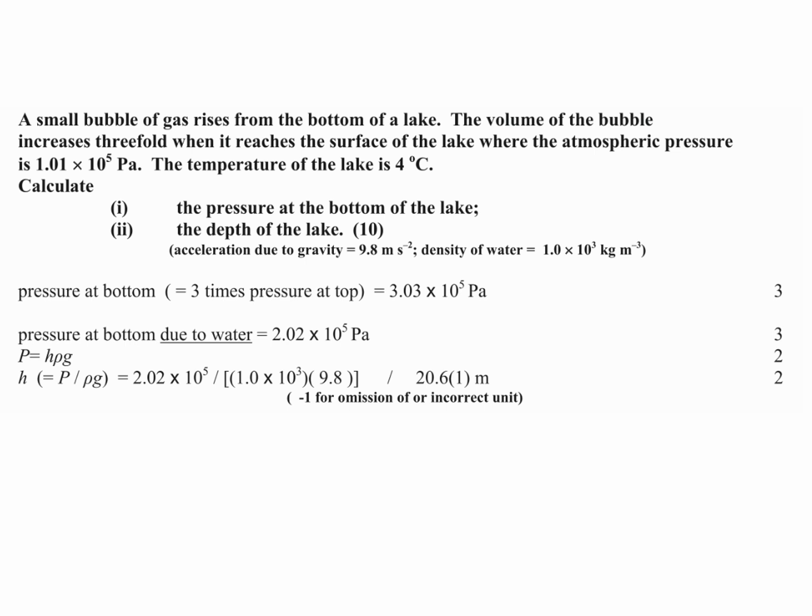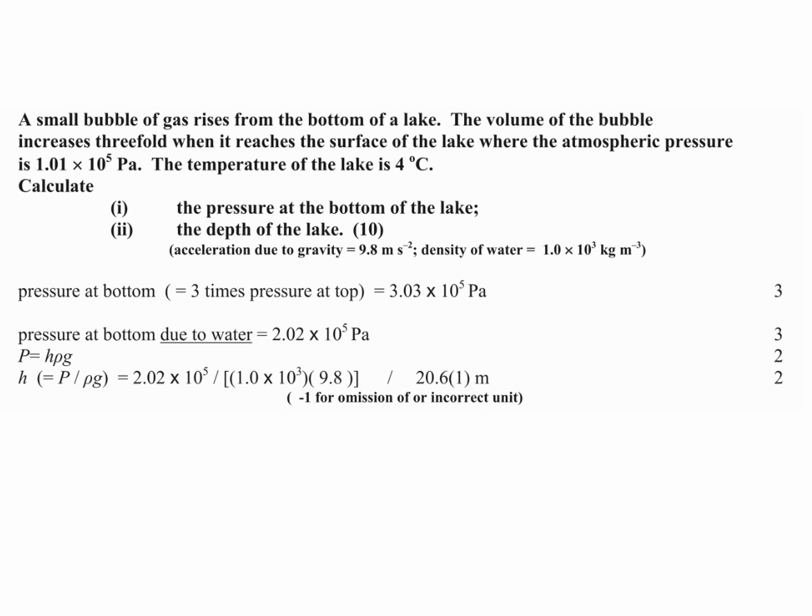So if we're calculating the pressure at the bottom of the lake, we have to remember that the pressure increases with depth, and because they gave us the atmospheric pressure of 1.01 by 10 to the 5 pascals acting on the surface of the lake, it must be 3 times this at the bottom. So 3 multiplied by your 1.01 by 10 to the 5, the atmospheric pressure, gives you the pressure at the bottom of the lake, 3.03 by 10 to the 5 pascals.